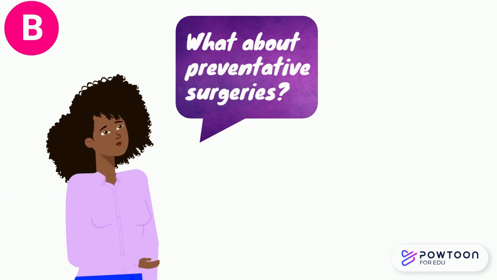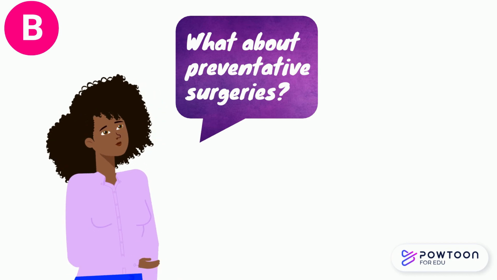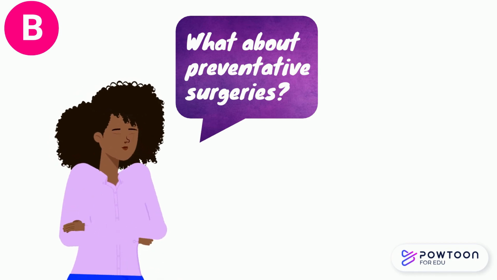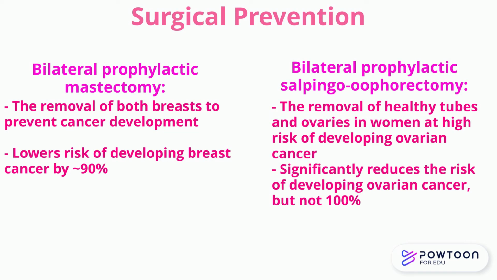Now Michelle also wants to consider any preventative surgeries she has available. Let's focus on breast and ovarian cancer. To reduce your risk of developing breast cancer, if you choose, you can have a bilateral prophylactic mastectomy. There are different forms of mastectomies, but this option is completely preventative, meaning performed before cancer begins.